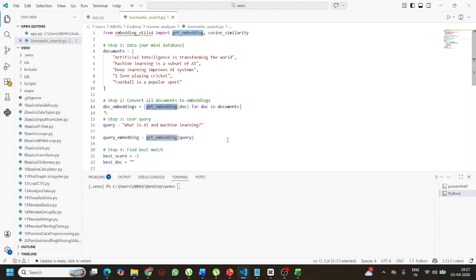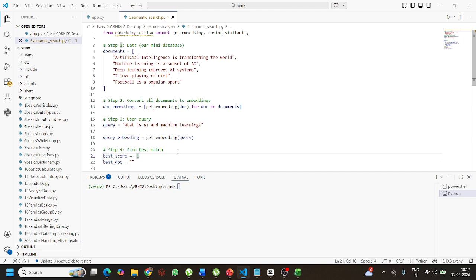After that, our query is: what is AI and machine learning? So this is our query. We get the embedding for that query, put it there, and find the match.